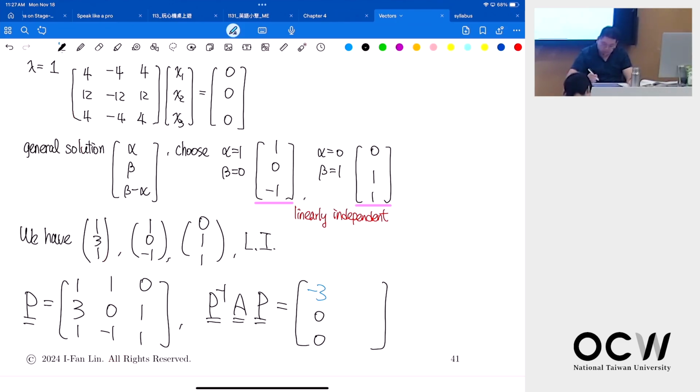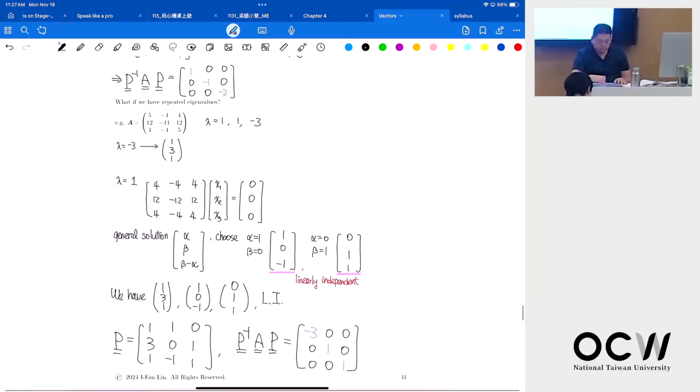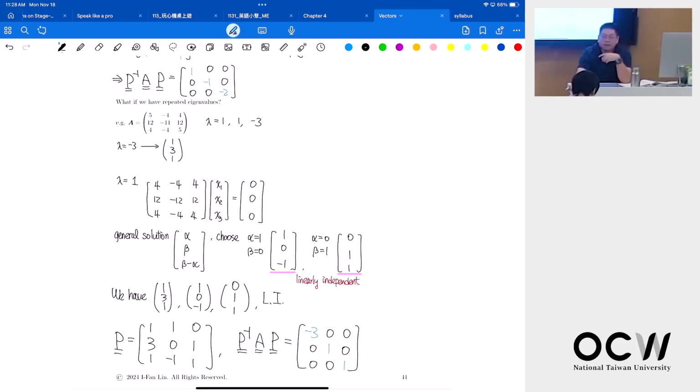So 0, 1, 0. The last column, same thing. The eigenvalue is 1. 0, 0, 1. Okay? Any questions? Any thoughts? If you don't have any questions, then I ask you the question.